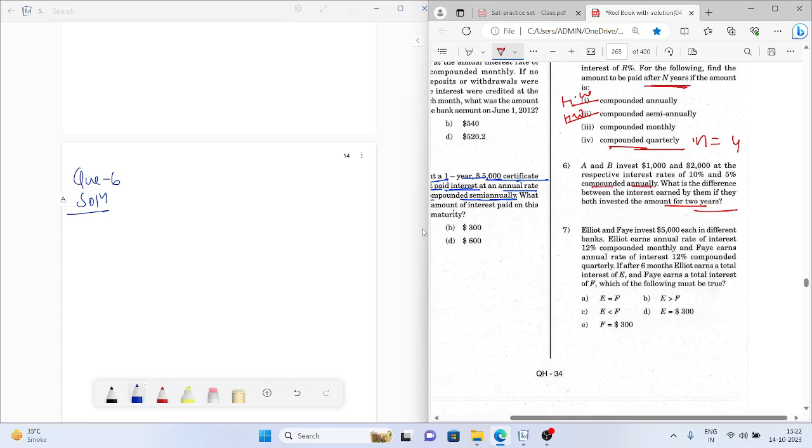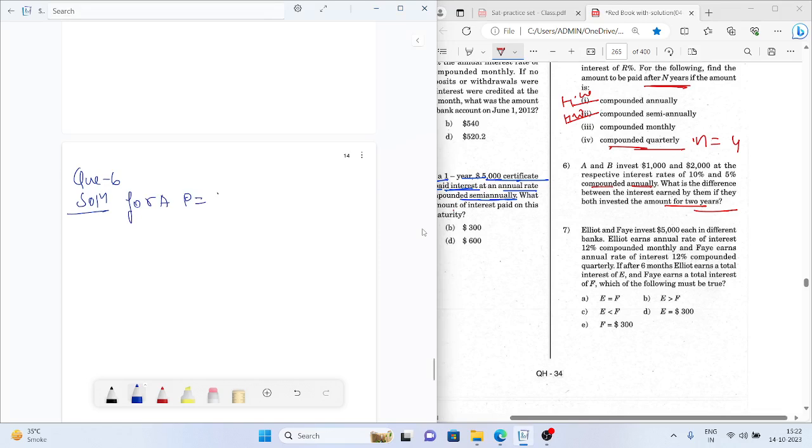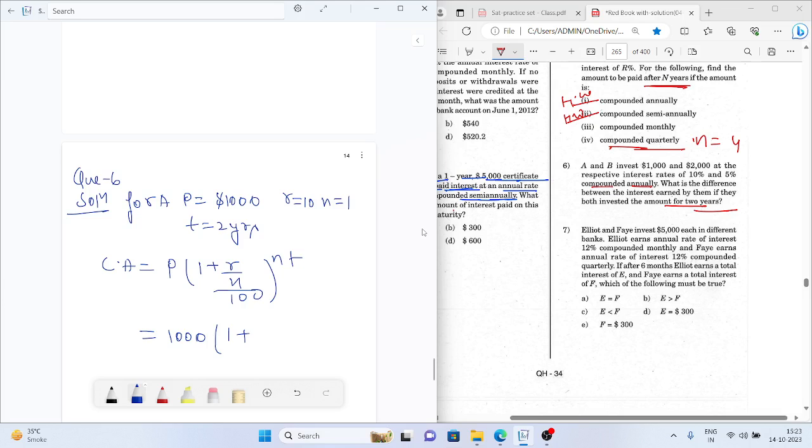So for A, principal is $1,000, right? Rate is 10. Value of N is 1 because he asked annually, and T is 2 years. So when I put it into the formula, principal is 1000, effective rate of interest 10 by 100, to the power 1 into 2.